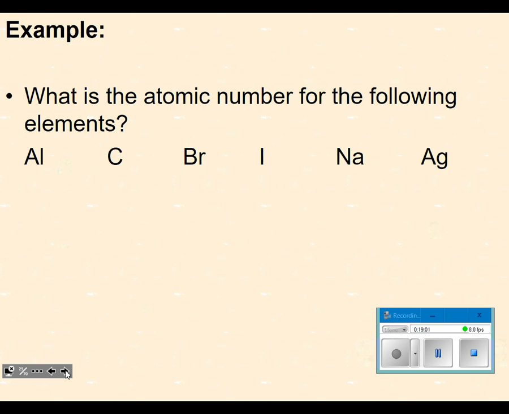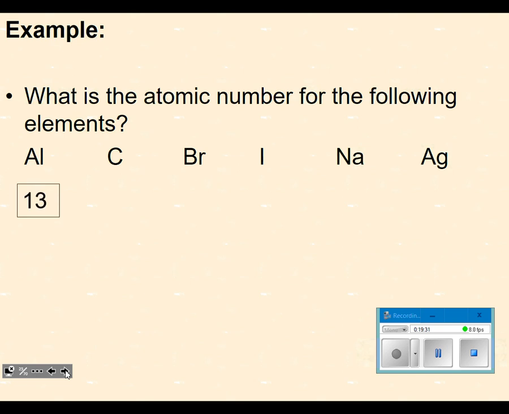Okay? So what's the atomic number of the following elements? Aluminum, if you look it up on the periodic table, is 13. Carbon is 6. Bromine is 35. Iodine is 53. Sodium is 11, and Ag is silver, which is 47, okay?